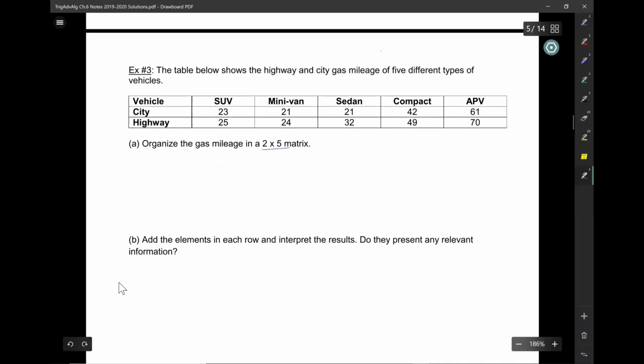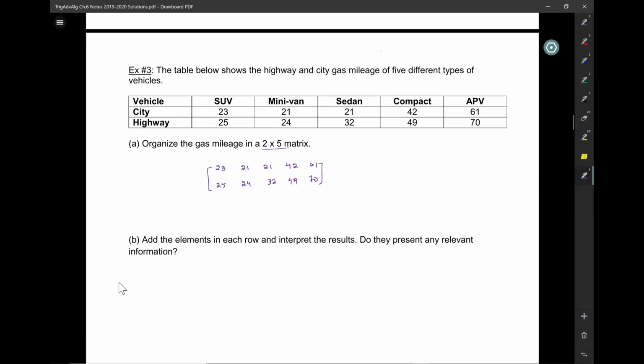That's it. So 23, 21, 21, 42, 61, 25, 24, 32, 49, 70. That's it. And you're probably saying, that's it? That's it.